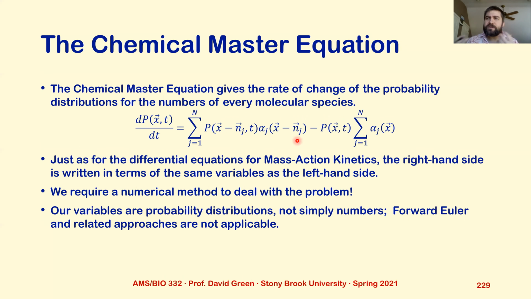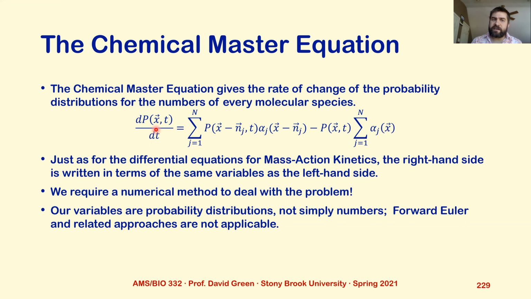And so there's no real analytical path out of this for very, very simple systems like a single reaction. Perhaps there are ways that we can get an analytical solution, but for the general case, we can't. We require a numerical method to solve the problem instead. However, this sort of differential equation is fundamentally more complicated than those of mass action kinetics.